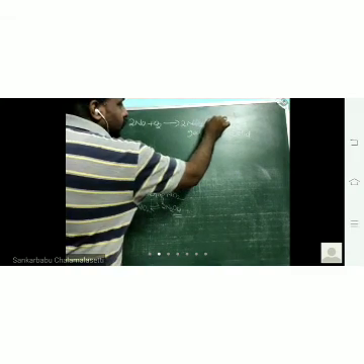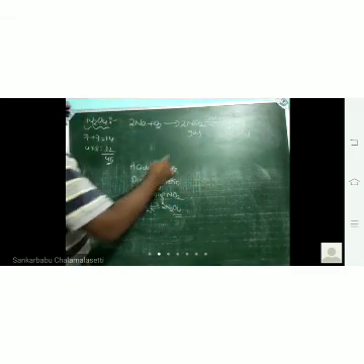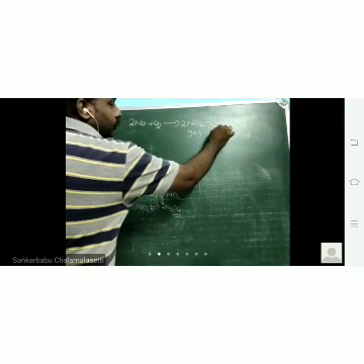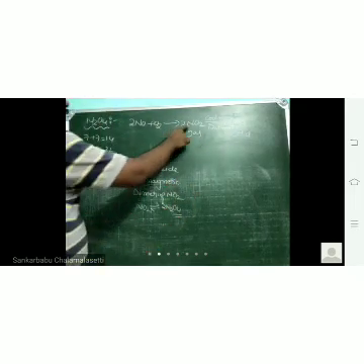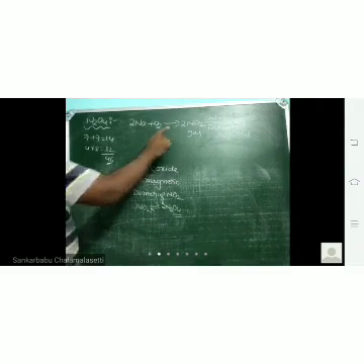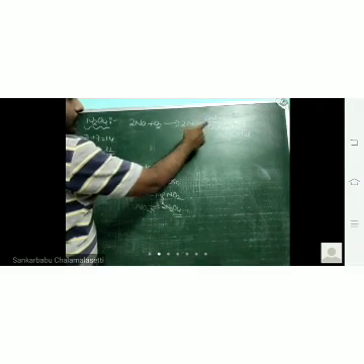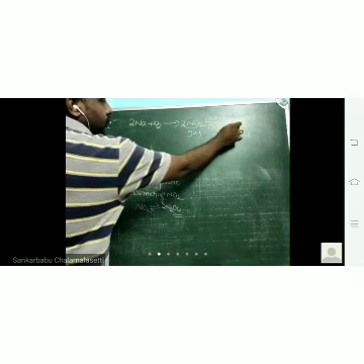When gas is subjected to compression, it means cooling. Forward reaction, cooling. How is solid converted to gas? By heating. So NO2 and N2O4, both of these are in equilibrium. At high temperature, it exists in the form of NO2. At low temperature, it exists in the form of N2O4.